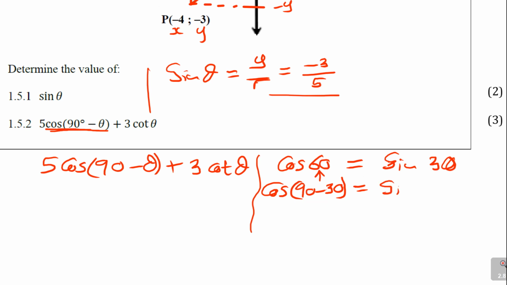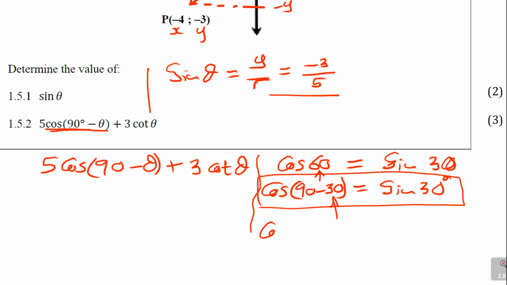It's still equal to sine 30 degrees. Now look at these very important concepts already there. But as I said, I didn't expect such a question to be coming through. But let's use that concept to say cos(90 minus 30) is equal to this, but here I can use any angle.